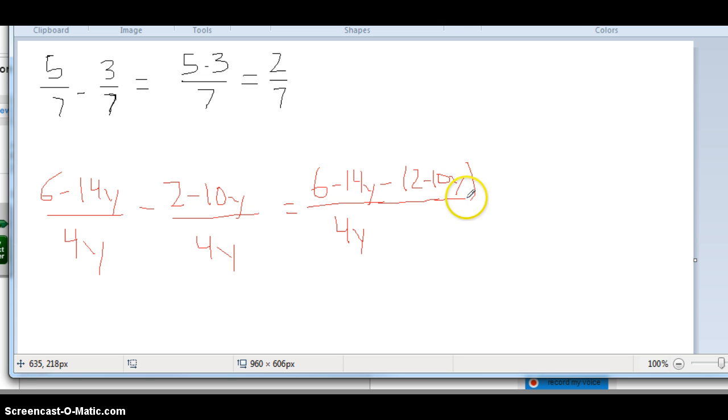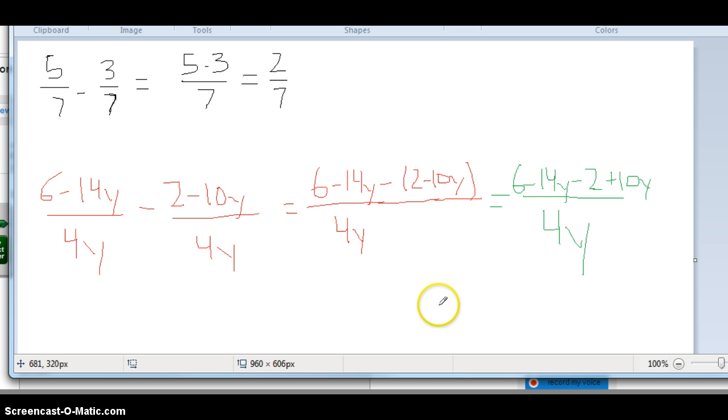And I'm writing it out in steps like this because the most common error students make is when they distribute this subtraction. So you're doing 6 minus 14y, and you're subtracting this whole thing, so you're subtracting 2, and you're also subtracting negative 10y, which ends up being plus 10y.